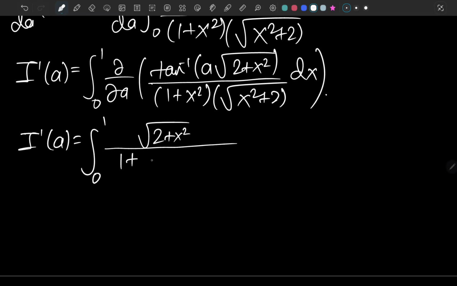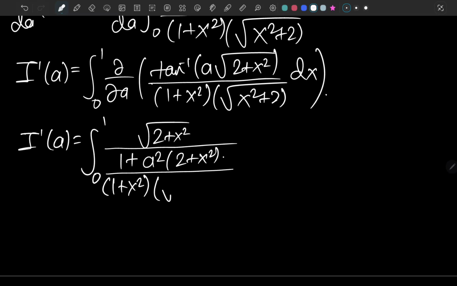So that's going to give us 1 plus a squared times 2 plus x squared. Eventually you have to square that, right? And we were having 1 plus x squared and times square root of 2 plus x squared earlier, dx.